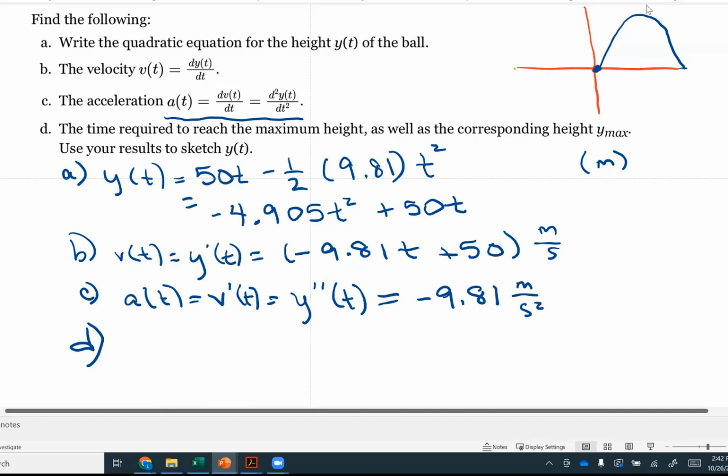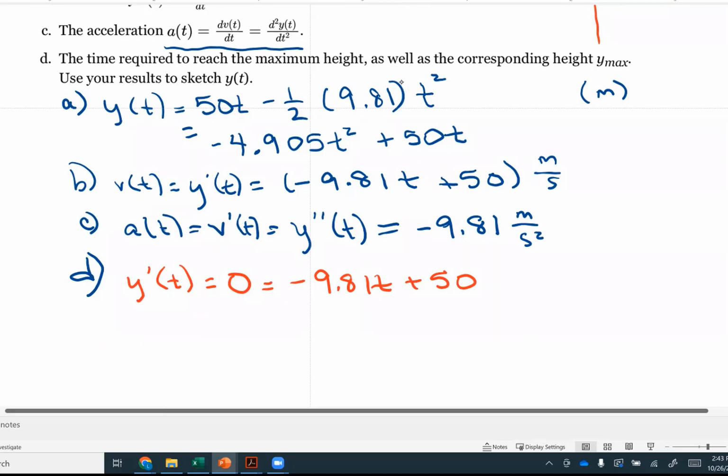We're trying to find the maximum. And again, remember the maximum has a tangent line that's horizontal. The first derivative of y of t is y prime of t. We're going to set that equal to 0. And my y prime of t is equal to minus 9.81 t plus 50.